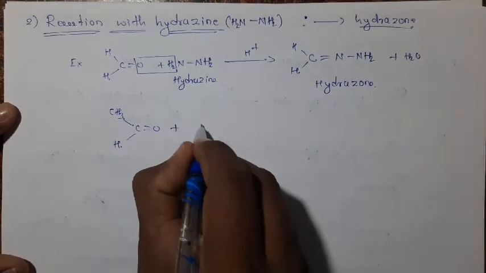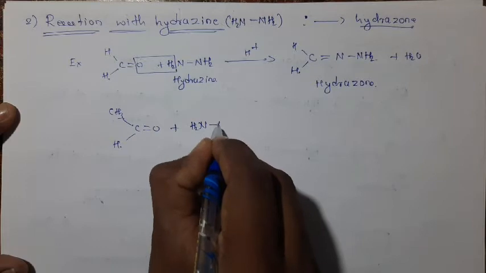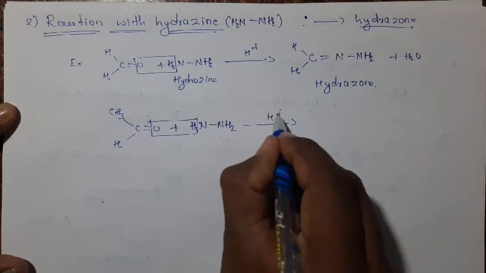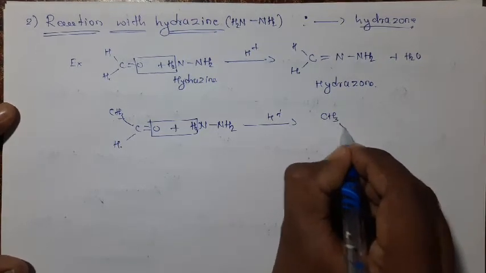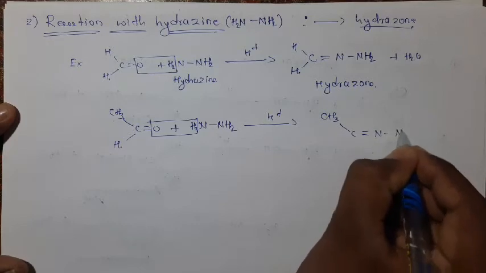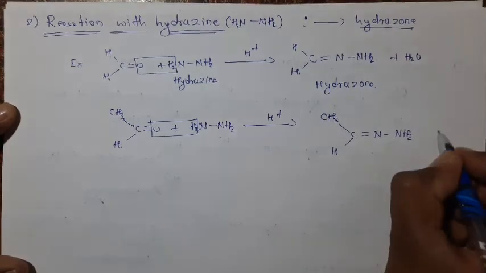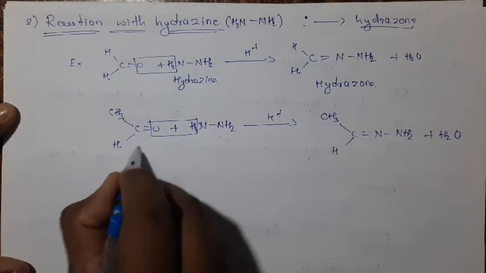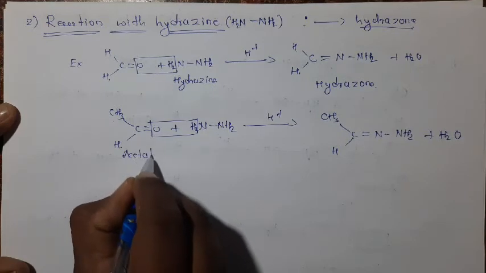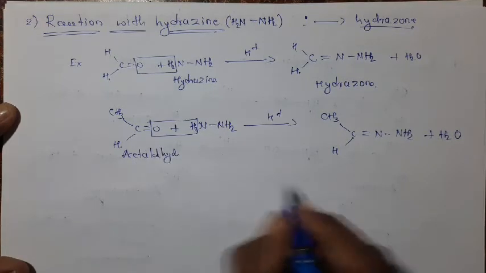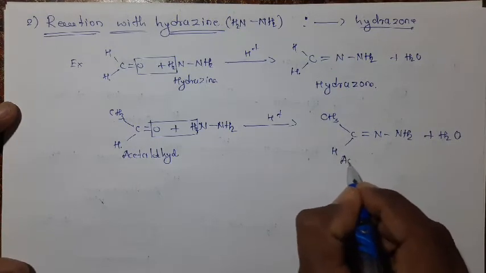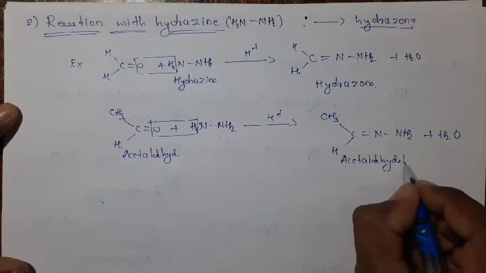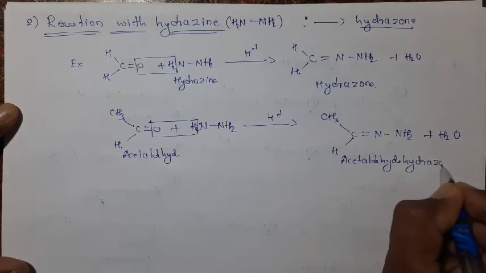When acetaldehyde is reacted with hydrazine NH2 NH2, one water molecule is eliminated, which gives CH3 C double bond N NH2, and this is H, plus one water molecule eliminated. The product is acetaldehyde hydrazone.